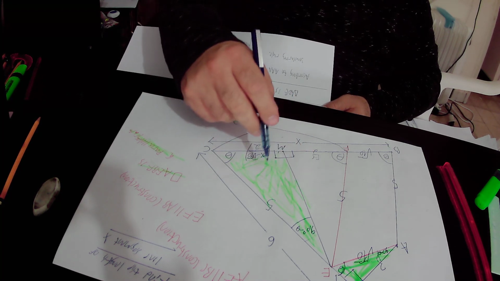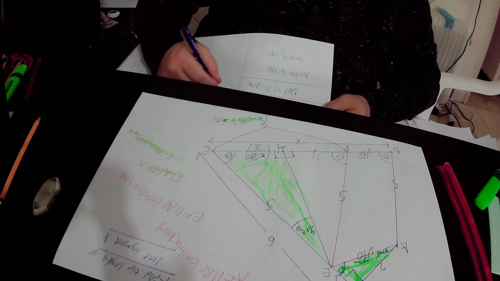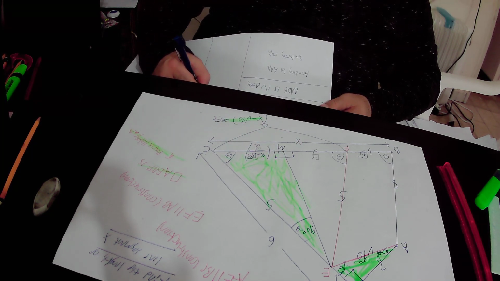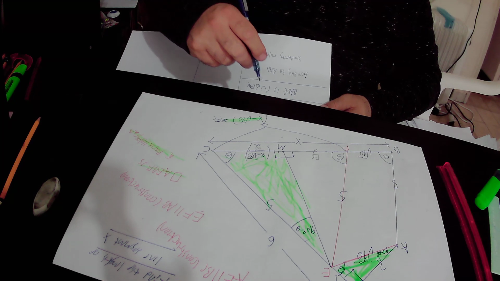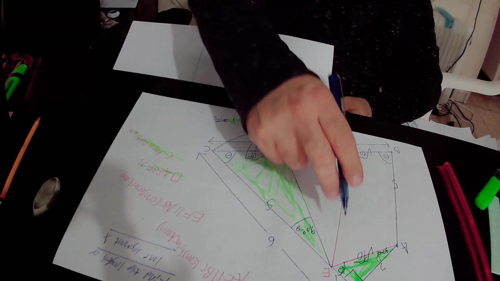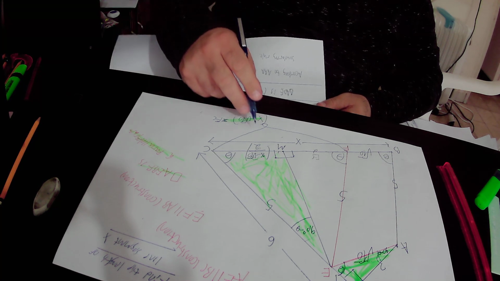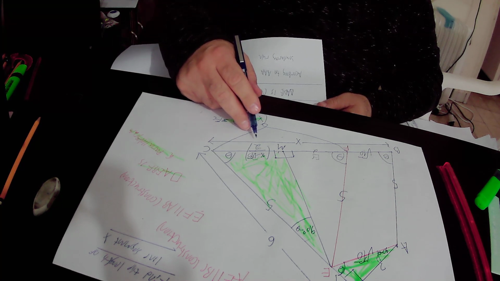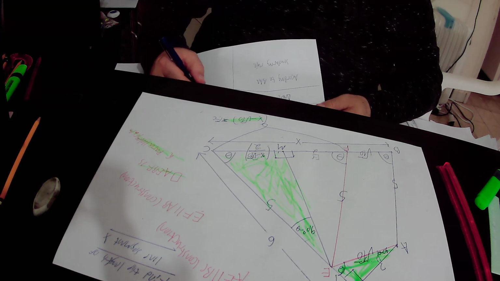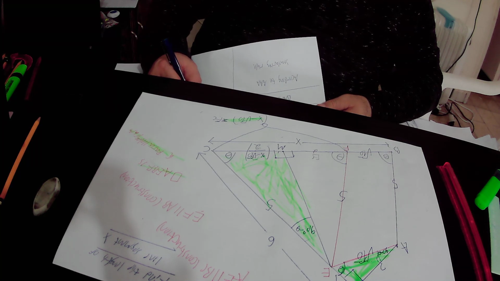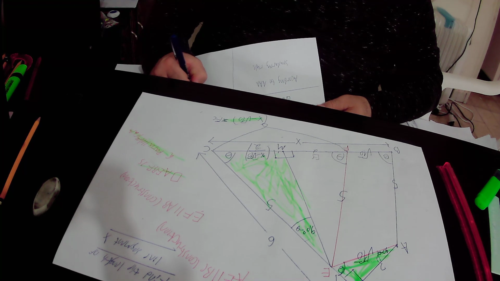EC equals 5 units, so we substitute EC by 5. And it is equal to DE. DE equals 1 unit, so we substitute DE by 1 over MC. MC equals x minus square root of 10 over 2, so we substitute MC by x minus square root of 10 over 2.